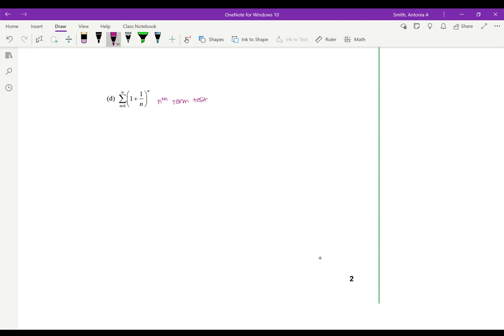And the reason why is because I have an n as my exponent, and I want to try and get that out of the exponent position, which means I'm probably going to have to use a natural log. So I'm going to want to do the same thing on both sides of the equation, which is why I'm going to write this as y equals the limit, and we're solving for y.